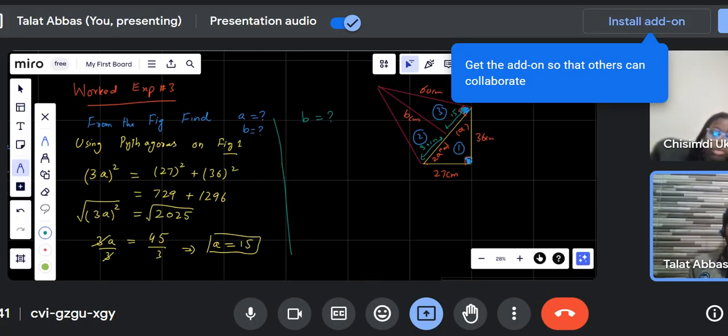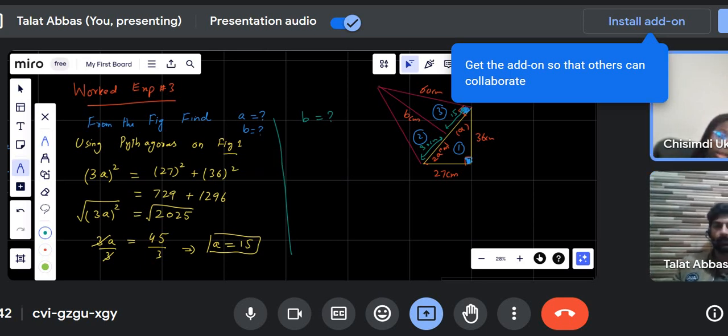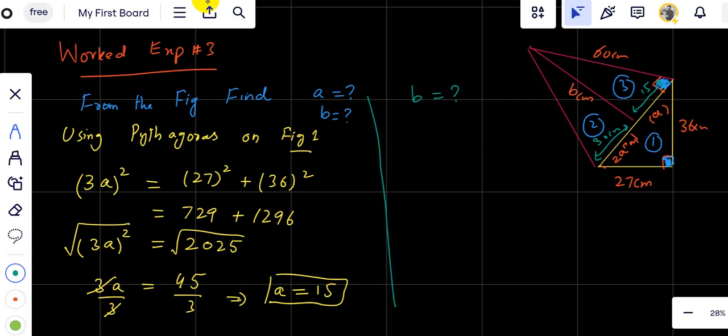How we can use two triangles in a single theorem? Sorry. Yeah, I just wanna ask that to find this length B, I should use triangle 2 or 3?